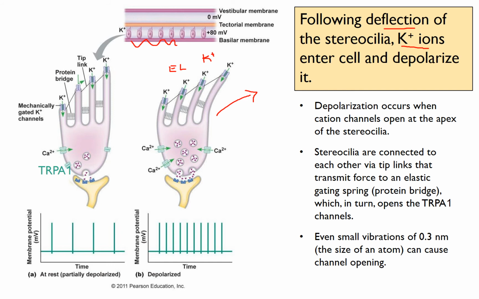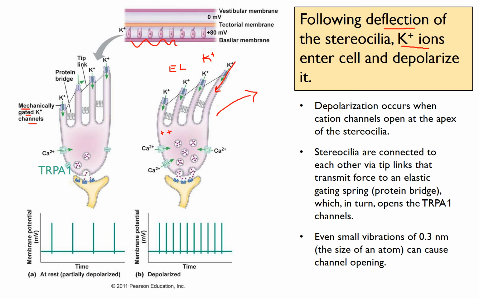When potassium is highly concentrated outside the cell and we have a bending of these stereocilia, potassium ion channels, aka these mechanically gated potassium channels, open, and potassium will flow down its concentration gradient from the outside of the cell in this endolymph into the cell. And whenever we have a flow of positive charges from the outside of the cell into the interior of the cell, the second thing happens.